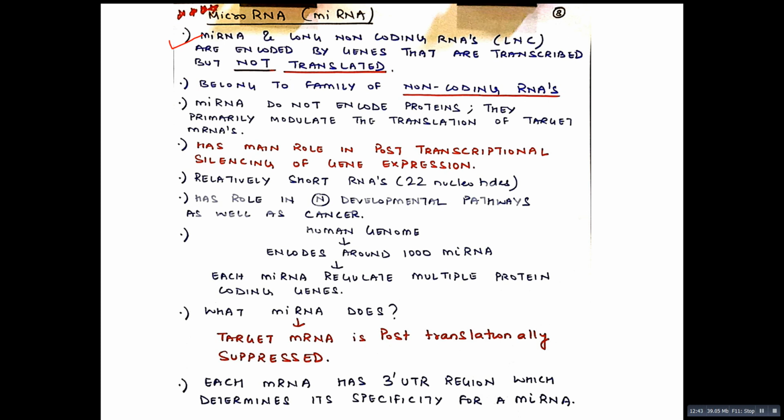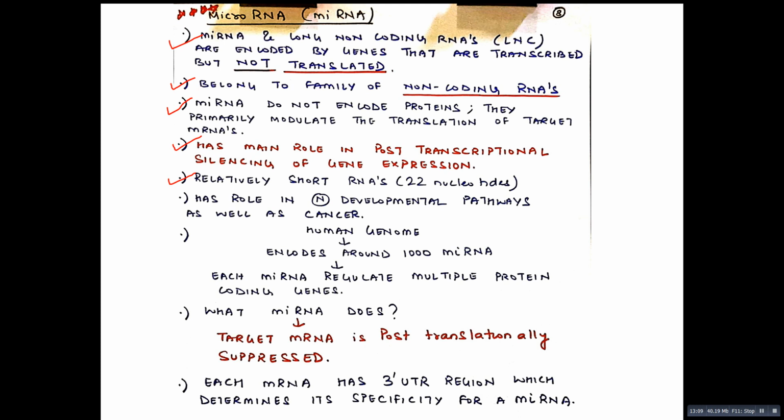MicroRNAs do not encode proteins. They primarily modulate the translation of target mRNAs. They have a main role in post-transcriptional silencing of gene expression. That means that after transcription an mRNA is formed, but that mRNA is not allowed to express itself. There is silencing of that mRNA.